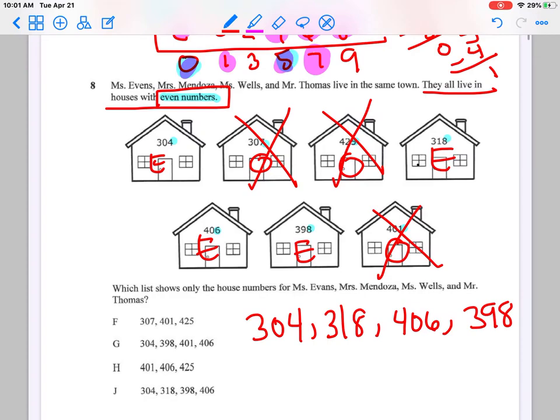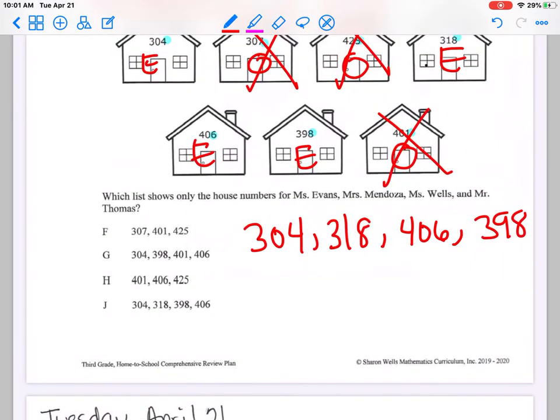So letter F. Let's look at letter F. Letter F starts with 307. Is it on my list? No. So this cannot be my answer. Letter G starts with 304. Yes, it's there. 398. Yes, it's there. 401.